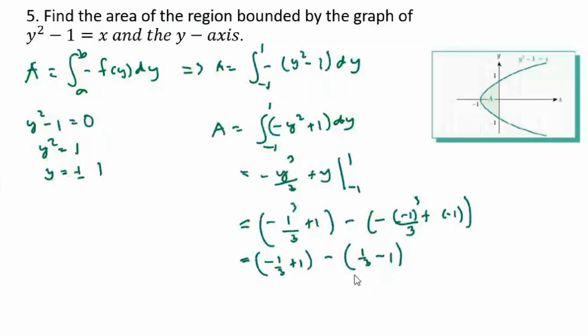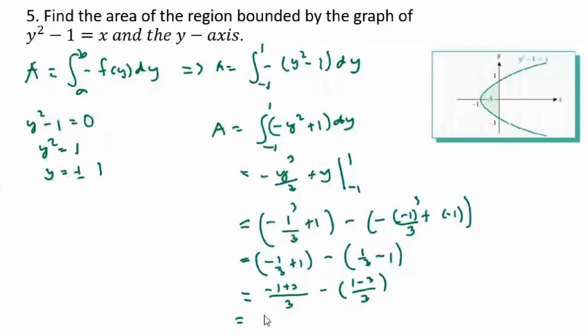Simplifying that, we have negative 1/3 plus 1. The LCD is 3. So 3 divided by 3 is 1 times negative 1, negative 1, then 3 times 1, we have positive 3, and minus, we have here also 3, so we have 1 minus 3.